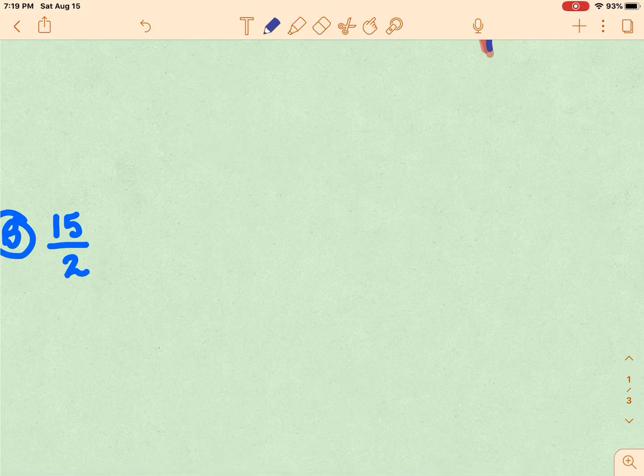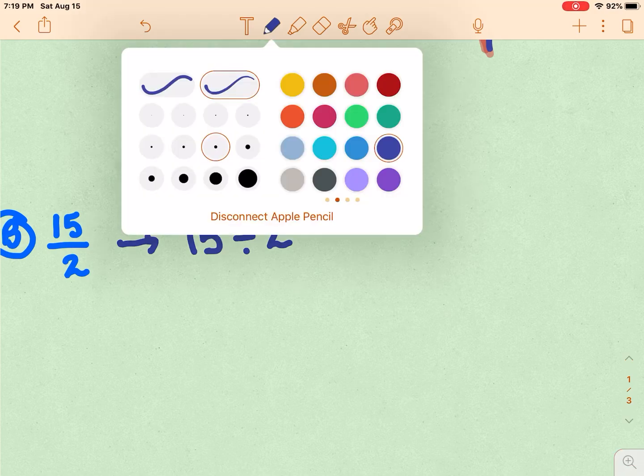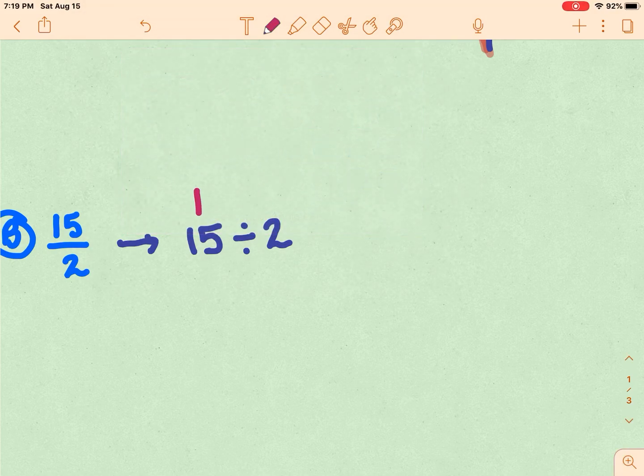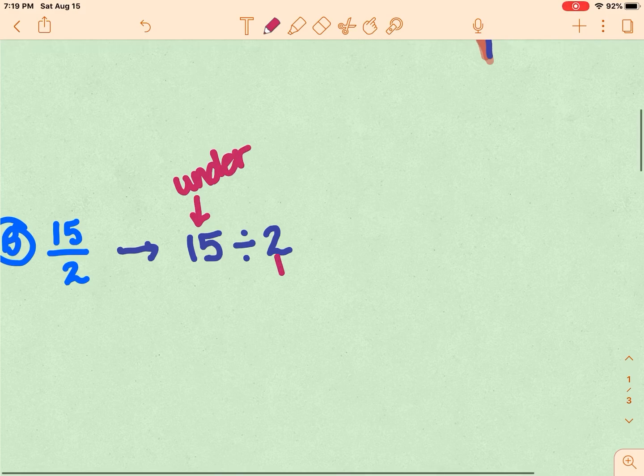So my next one is 15 over 2, or 15 halves. So this is the same thing as 15 divided by 2. So now remember, this is going to go under the division bar, and this is going to go in the front.